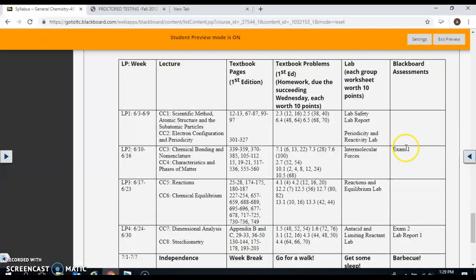Just to give you a clue, exam 1 only involves the previous weeks' lectures. So exam 1 will cover scientific method, electron configuration, and periodicity. Exam 2, on the other hand, is going to cover LP2 and LP3, because those are the weeks preceding exam 2, okay.